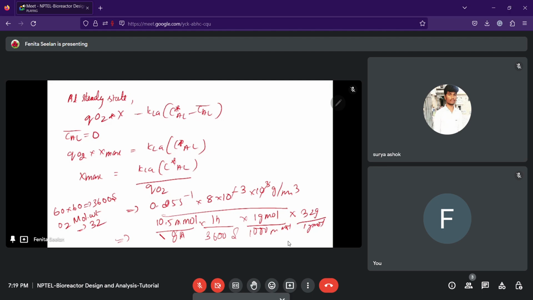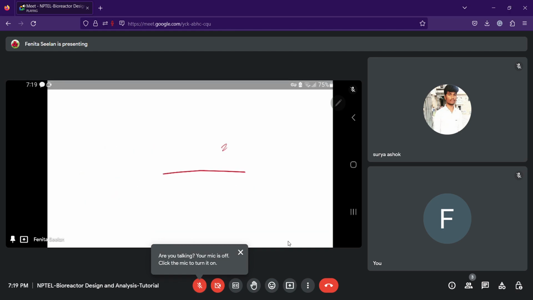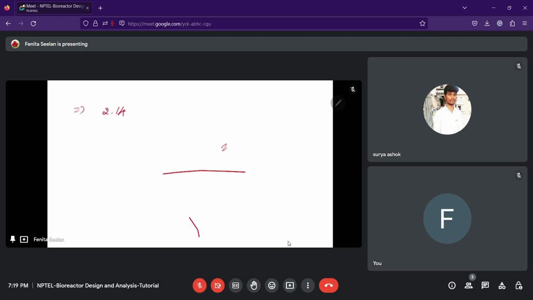It would be around 2.14 into 10 to the power 4 gram per meter cube. So this is the value of the maximum biomass production.